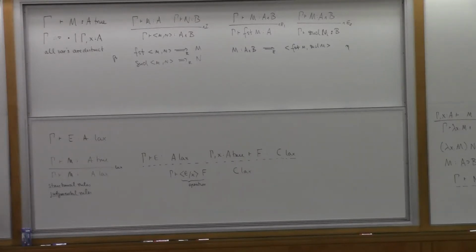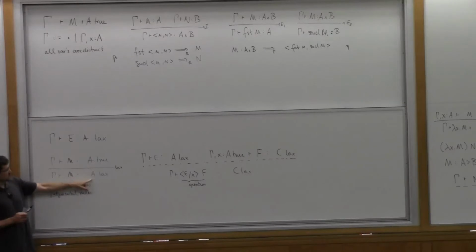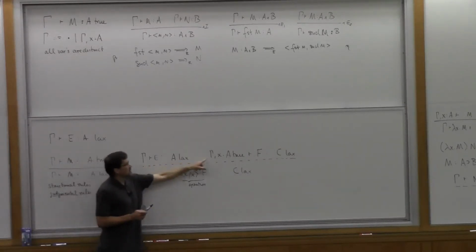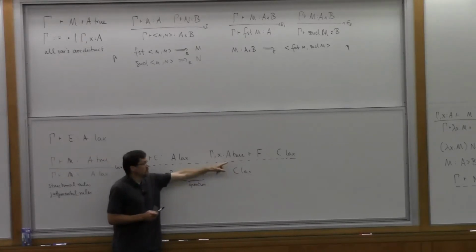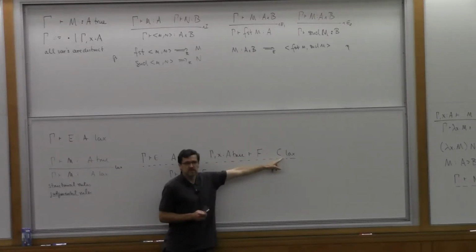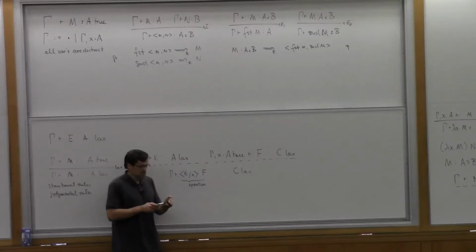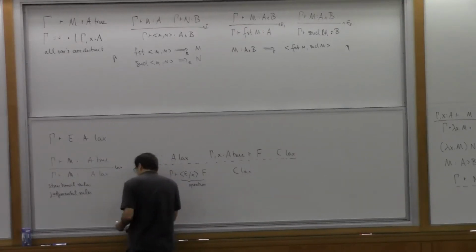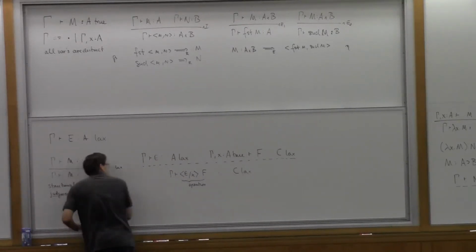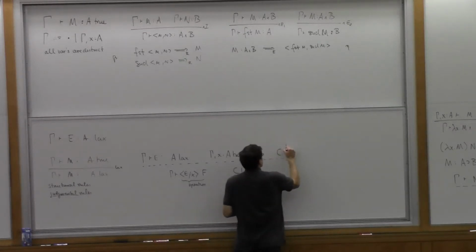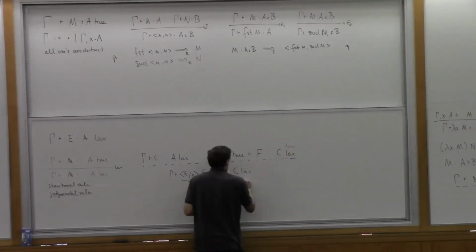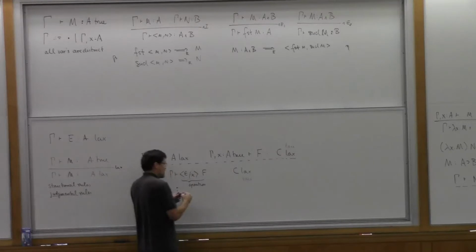This is also a judgmental rule. So this is one connection between truth and lax truth. It says if A is true, then A is lax. This says if A is lax, I'm allowed to assume that A is true, but only in the context of another computation. So why would it be wrong if I allowed this thing here to be true? Why would that be wrong?